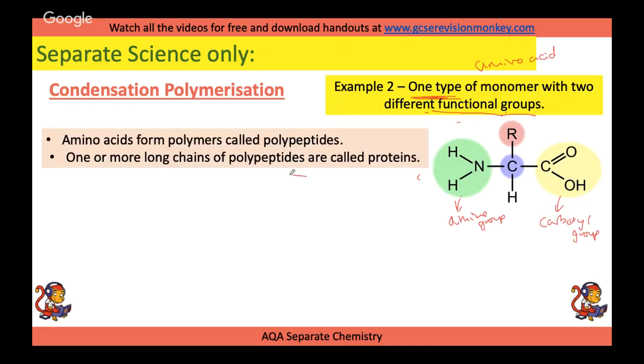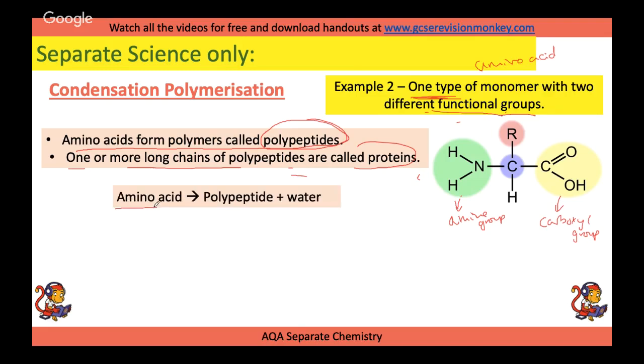So if we want to add amino acids together, they form polymers called polypeptides, which is essentially a protein. Because one or more long chains of polypeptide is called a protein. And if you link back to biology, you know that they can fold up to make specific proteins and specific hormones and enzymes and things like that.